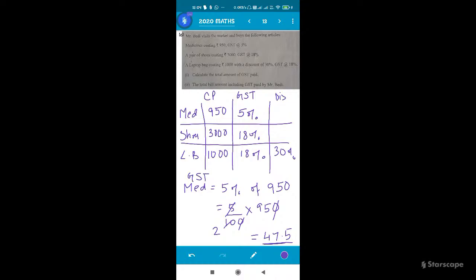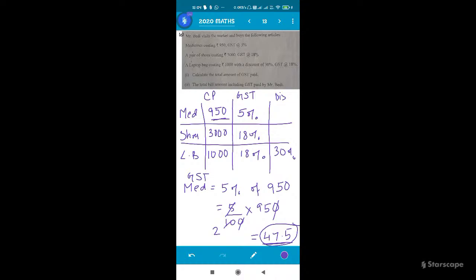All right. So how much amount does he have to pay in all for the medicines? The cost price of the medicines plus the GST, isn't it? Because we know GST is a type of tax which is paid to the government. It is the extra amount we have to pay along with the actual cost of the product.